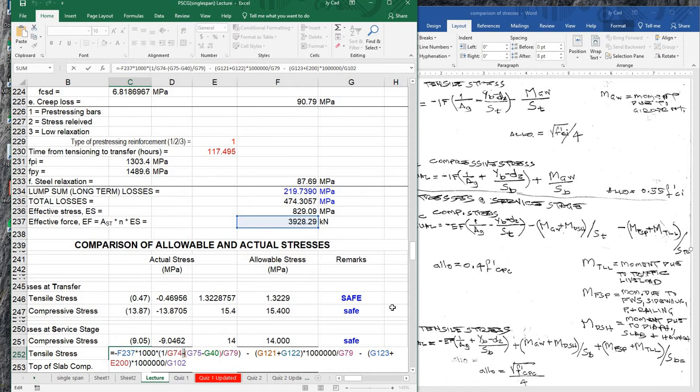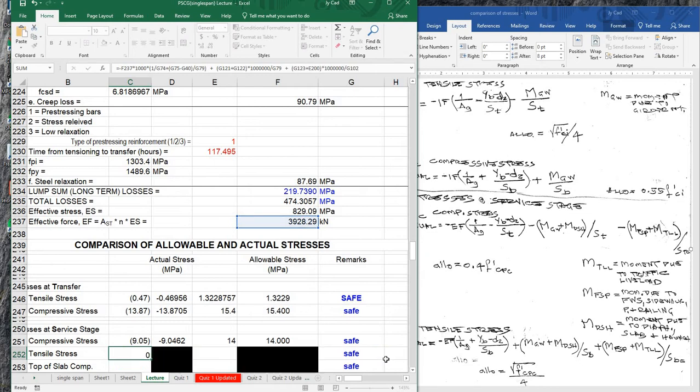Gagawin ko itong positive. Next, ayan, this is negative, magiging positive. Ito yun. So, gawin ko yung positive. Tapos, ito plus, plus, and then ito naman, this is negative to positive, which is this one. Then, I will press enter.